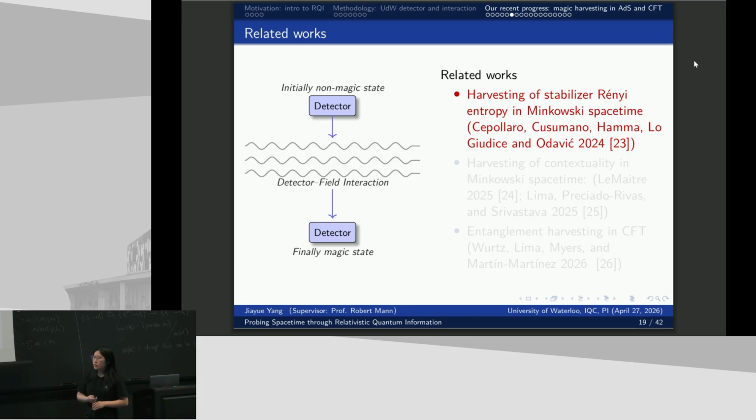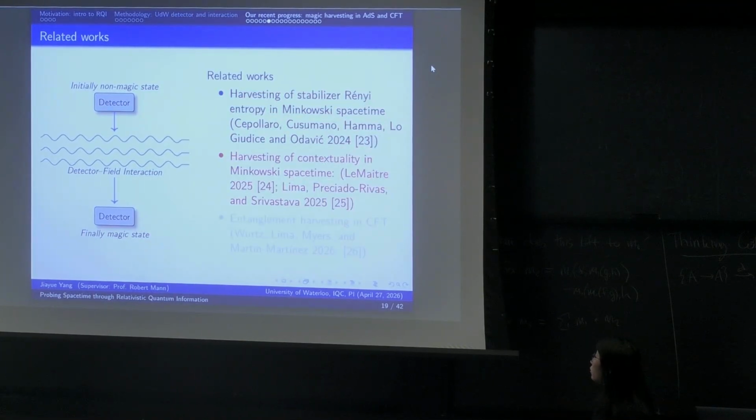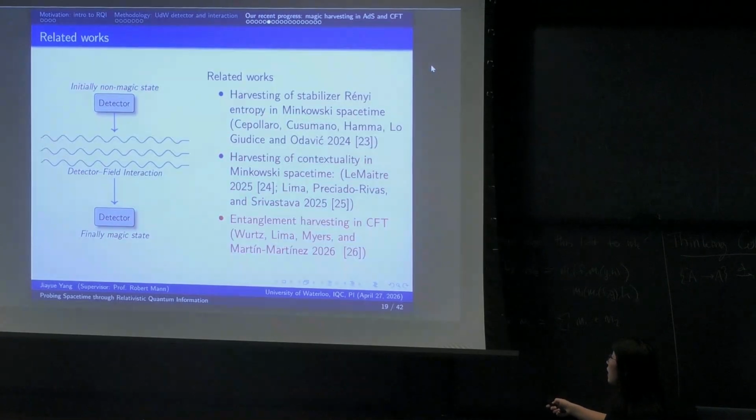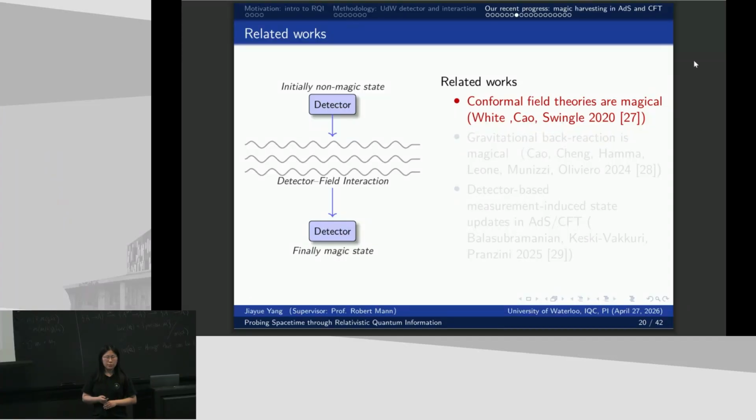And there are also some related works, including the harvesting of stabilizer Renyi entropy in Minkowski spacetime, and also the harvesting of contextuality in Minkowski spacetime. More recently, people are interested in bridging RQI and holography. So they have related work like entanglement harvesting in CFTs. And people are also considering the magic of conformal field theories, showing that conformal field theories are really magical.